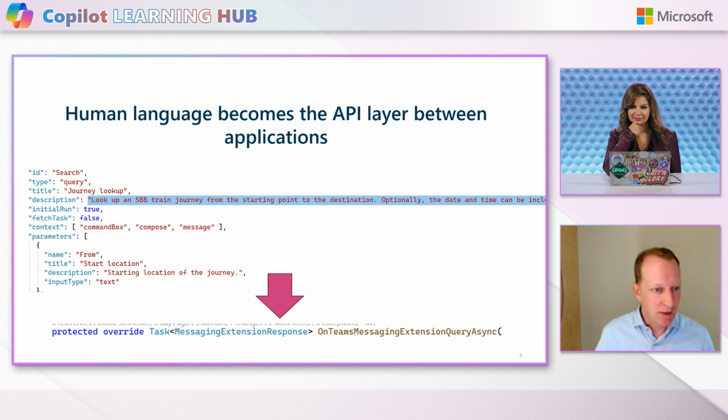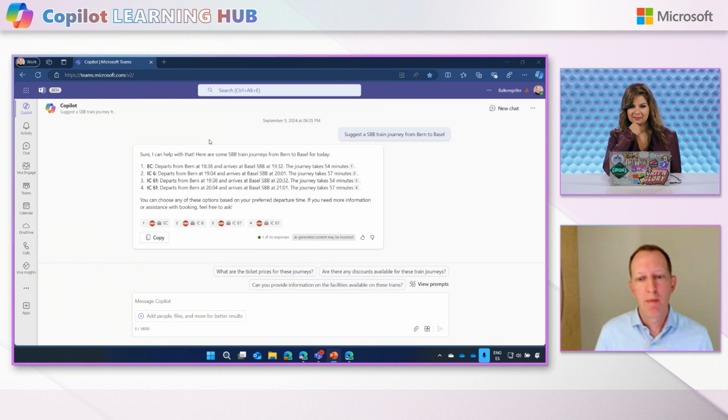Just based on my prompt, the description of the plugin and the description of the parameters, Microsoft 365 Copilot is able to call the plugin and get journey information back to the user. And with this kind of magic, you can imagine there's much more possible.